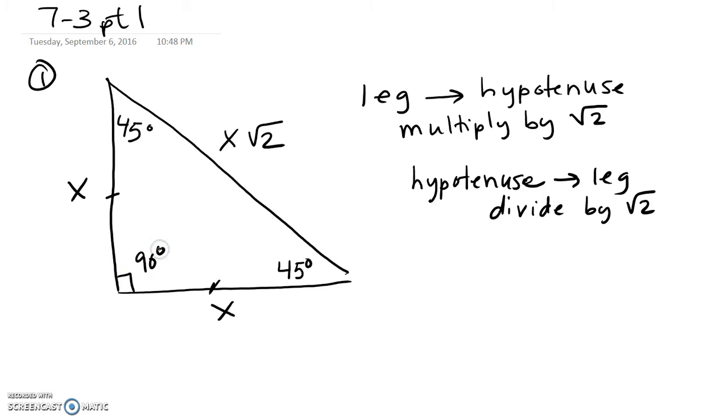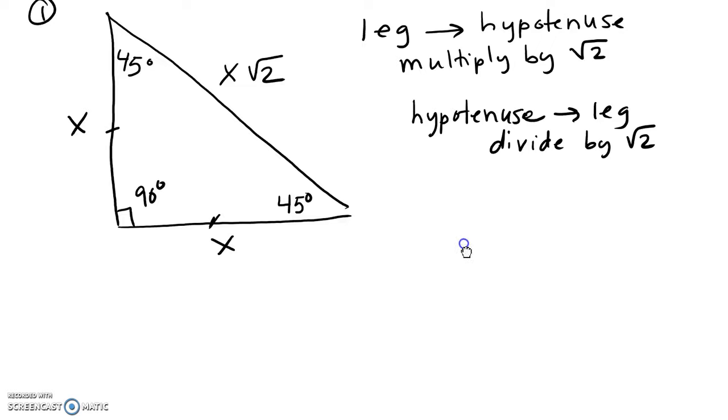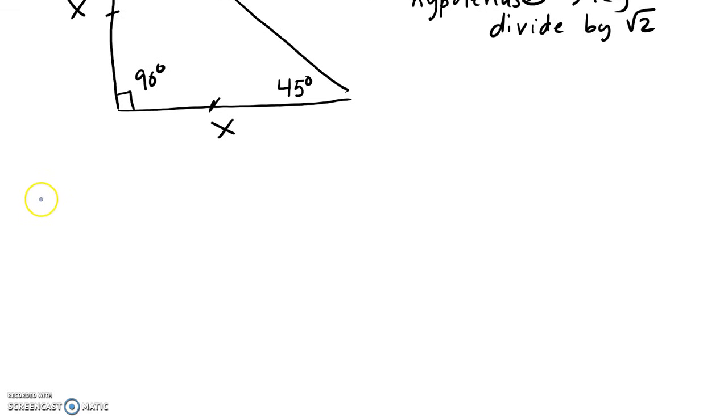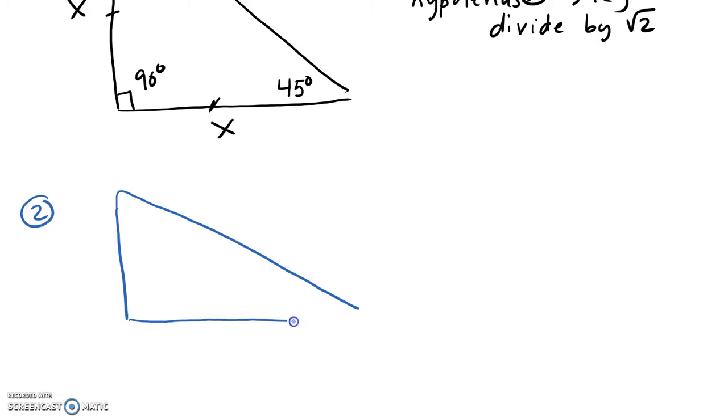45-45-90 triangle. So number 2 is doing the same thing with the 30-60-90. The 30-60-90 is a little bit more complicated, only because none of the 3 sides are the same. I use this one probably more than people do in real life.